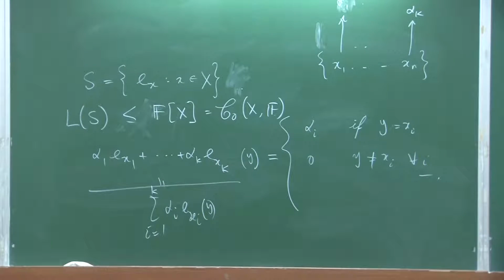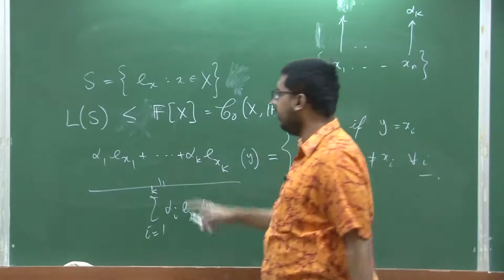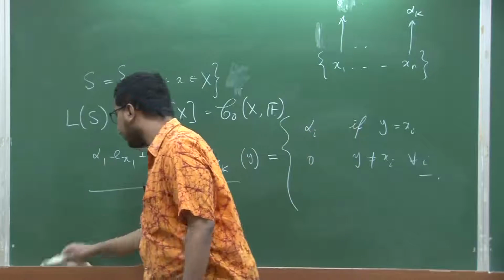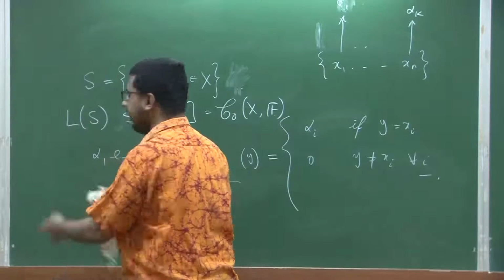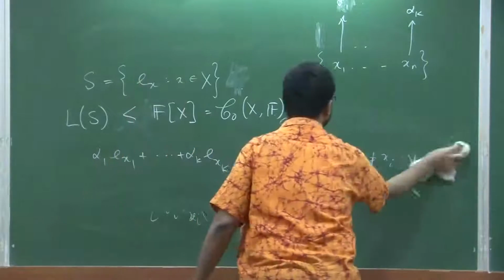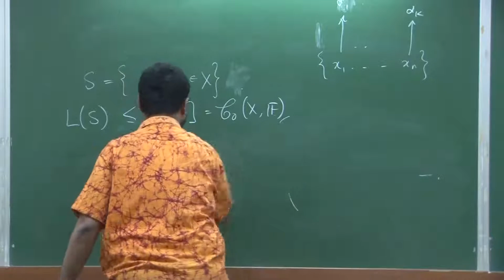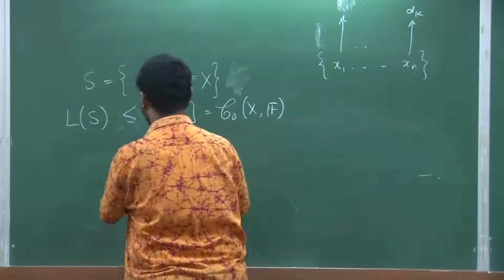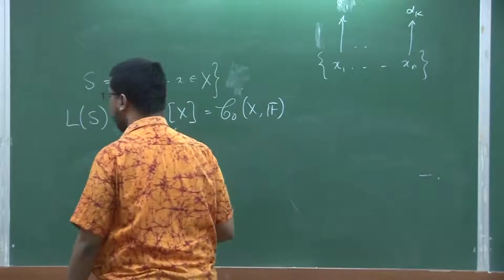What about the converse? Suppose we are given a function which vanishes outside a finite set, let us say x1 up to xn. I want to show the converse. So let us take a function f from here. How will a typical function look like?